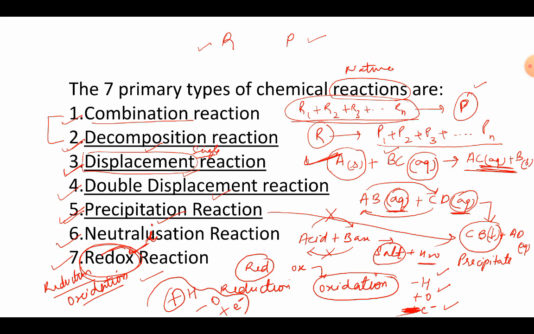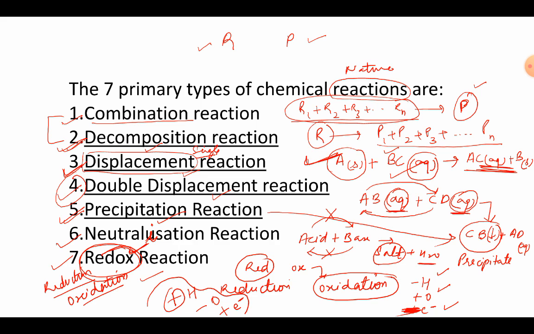So we have all understood that based on the nature of the reaction, the chemical reactions are broadly classified into categories. Combination, where reactants are combining and forming a single product. Decomposition, a single reactant will break and form many simpler products. Displacement, a more reactive element will displace a less reactive element from its aqueous solution.